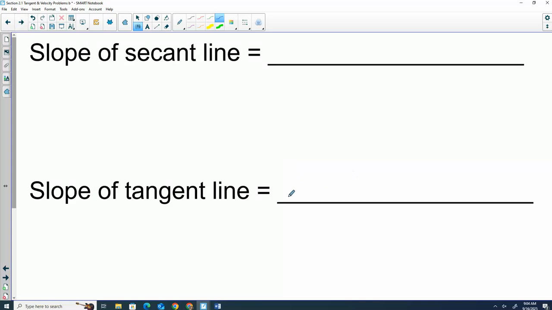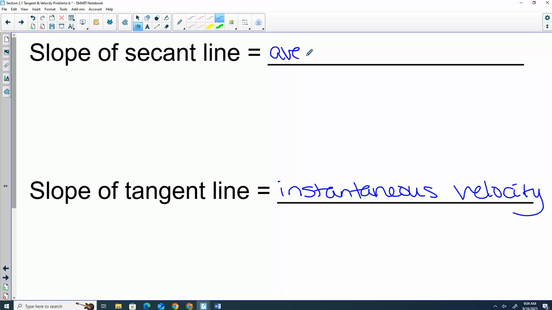So the slope of the tangent line is instantaneous velocity. The slope of a secant line, so slope in between 2 points, that's the average velocity. We were trying to estimate the velocity at 4 seconds. So we used the velocity between 2 other points. We used an average velocity to approximate it.